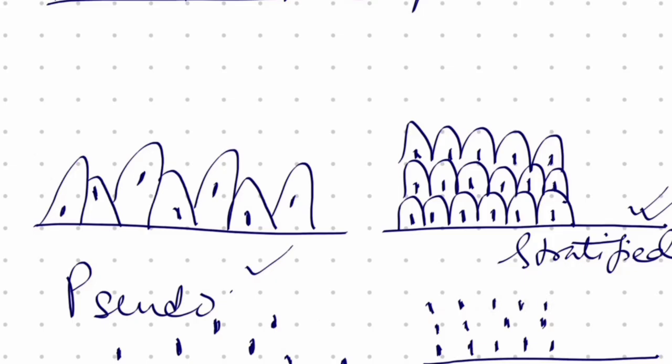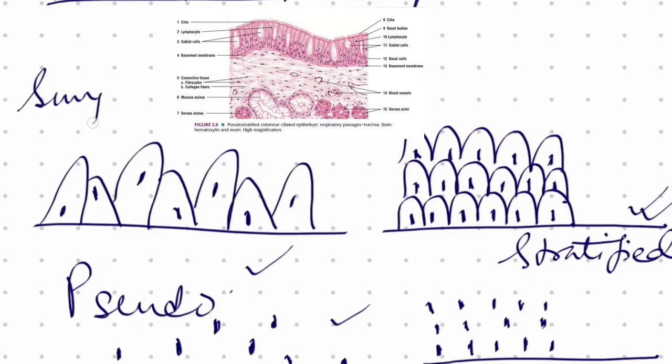Unlike the pseudostratified. You will also have to remember that this pseudostratified, which is simple columnar, sometimes has these projections over the cell membrane. These are called the cilia. These cause the beating, which helps in moving substances across the lumen in which this epithelium is present.